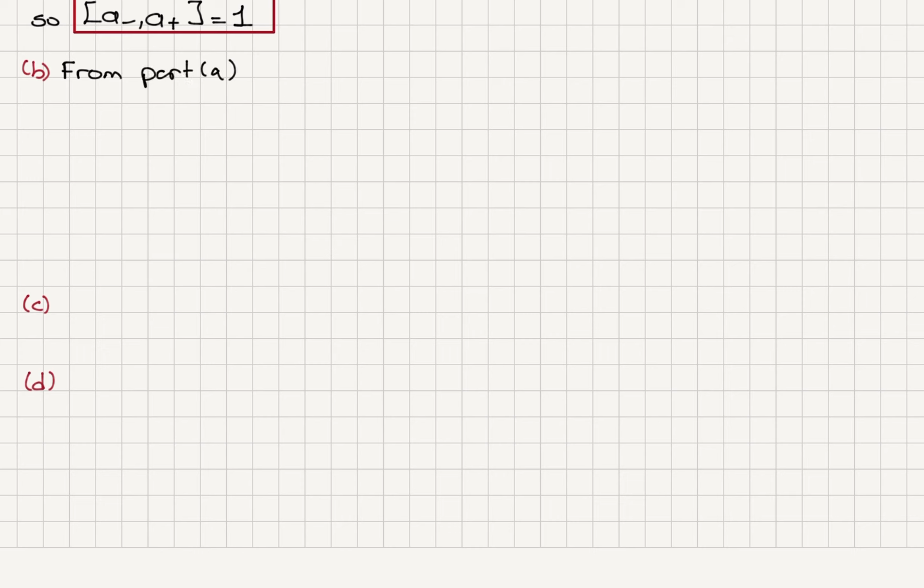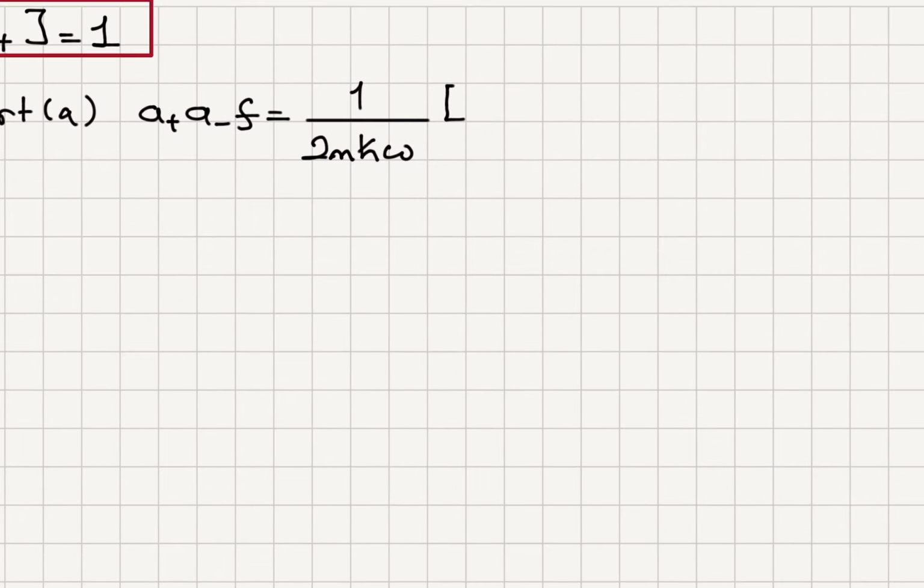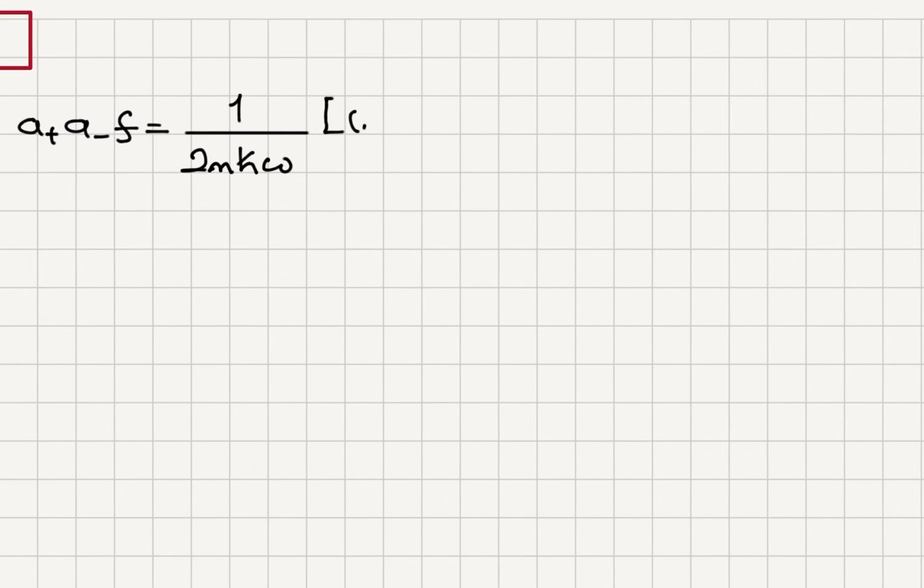From part A, I have the following result: a plus a minus applied to this function f is equal to 1 over 2m h bar omega, then I have the square brackets m squared omega squared x squared minus m h bar omega times f, minus h bar squared, second derivative of f with respect to x.